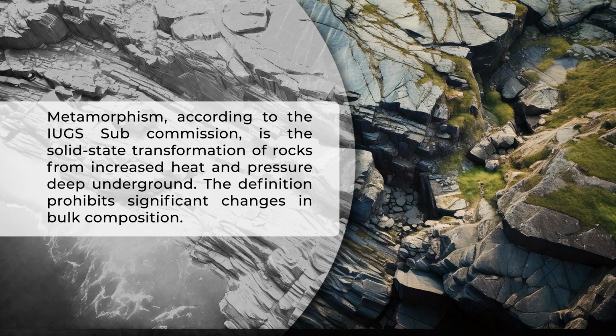It is the solid state transformation of rocks from increased heat and pressure deep underground. Because the same rocks can undergo change in temperature and pressure conditions, they are transformed. This definition prohibits significant changes in bulk composition.